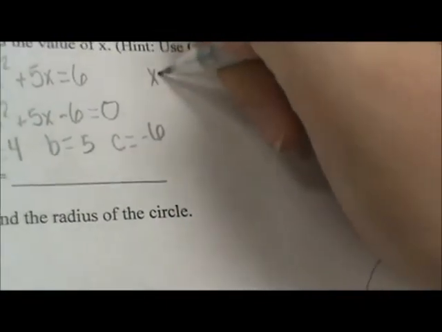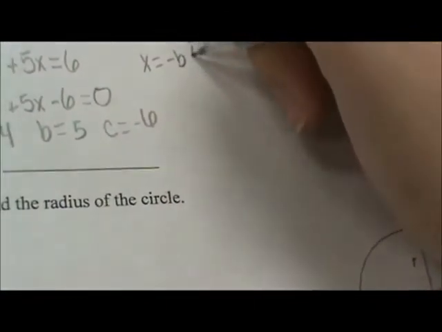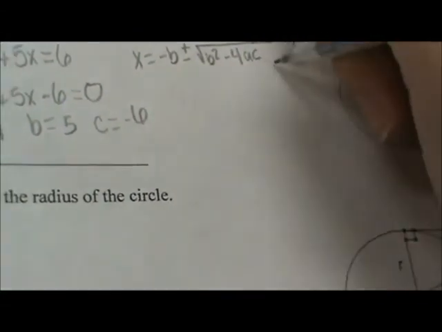Well, we need to use the quadratic formula, which is x equal to -b plus or minus the square root of b squared minus 4ac, all over 2a.